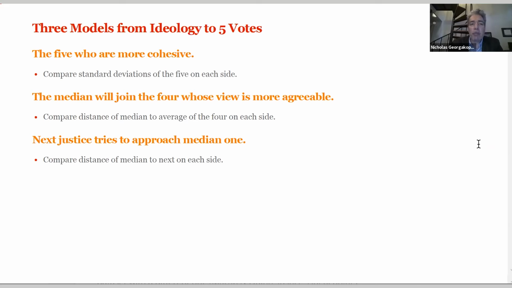The next one is that the median will join the side that produces a more agreeable interpretation. So that compares the distance of the median to the average of the 4 on each side. And the third one allows the most strategic action on the side of the justices, which is to compare the distance of the median to the next justice on each side.